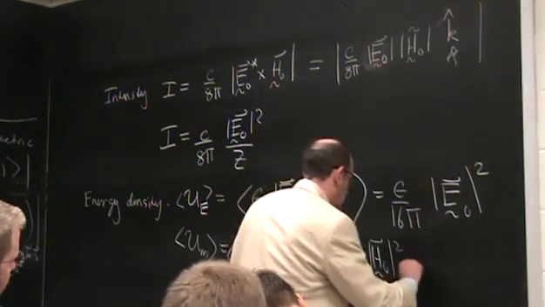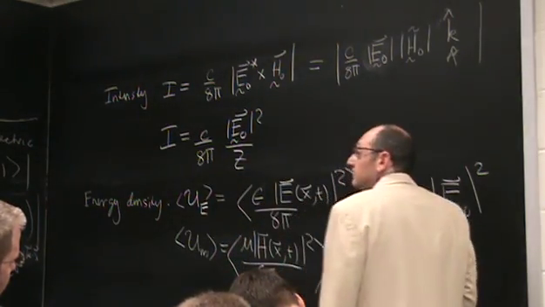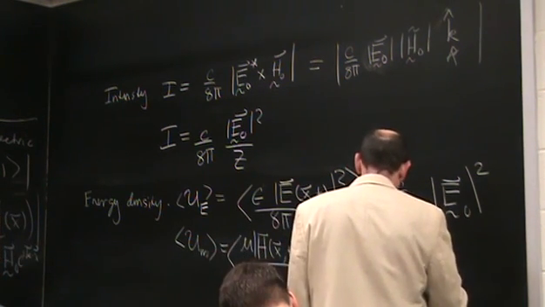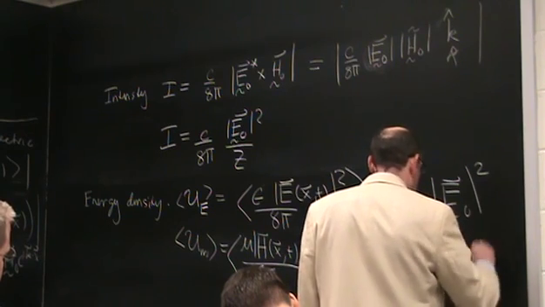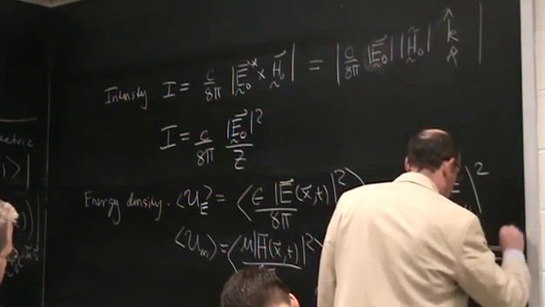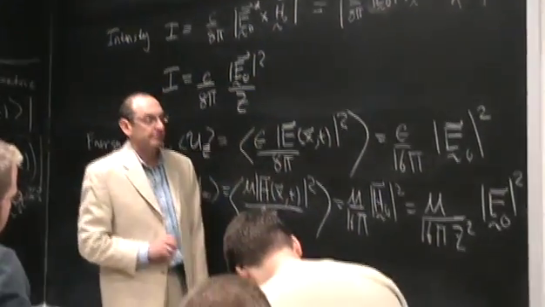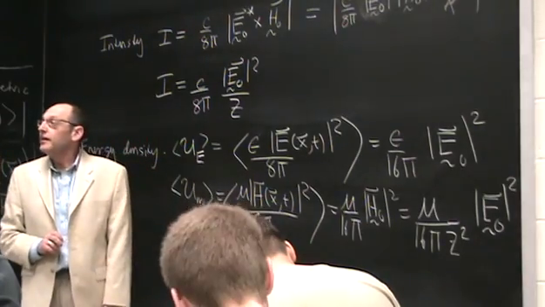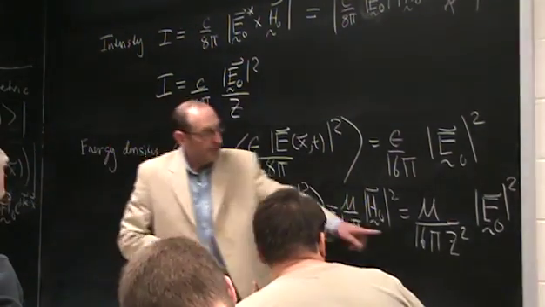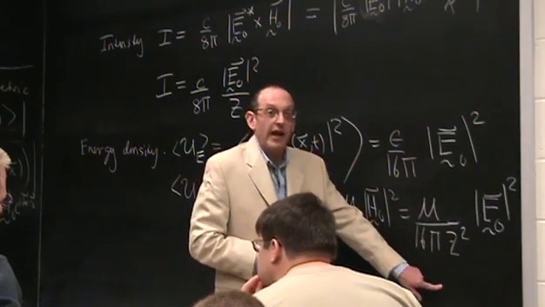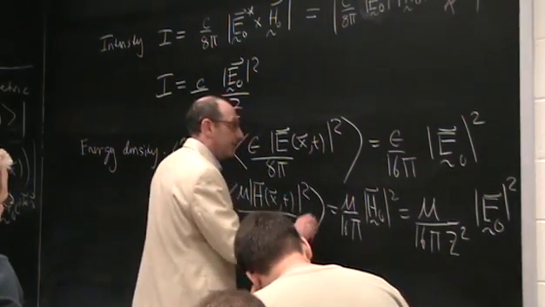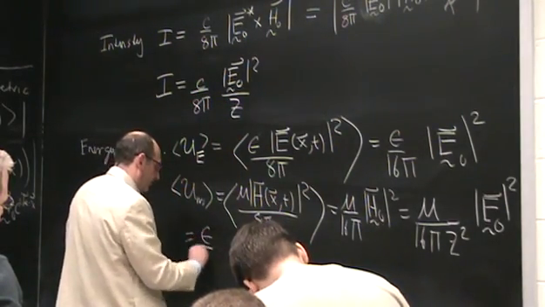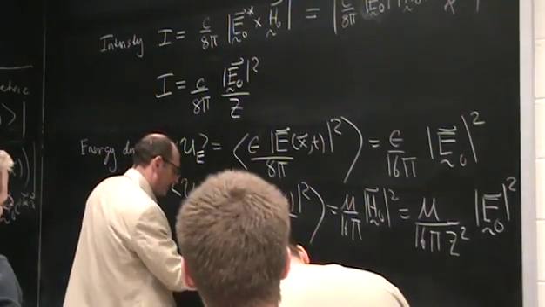Which is equal to mu over 16 pi, times 1 over the impedance squared, times E naught squared. But if we put in the impedance squared here, 1 over the impedance squared gives mu over epsilon. So this is equal to epsilon over 16 pi E naught squared.